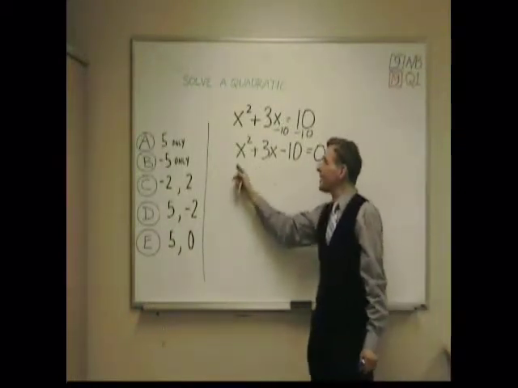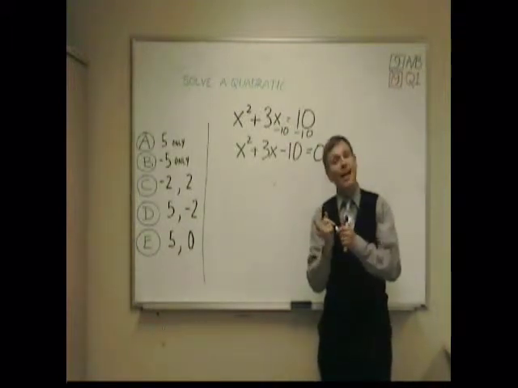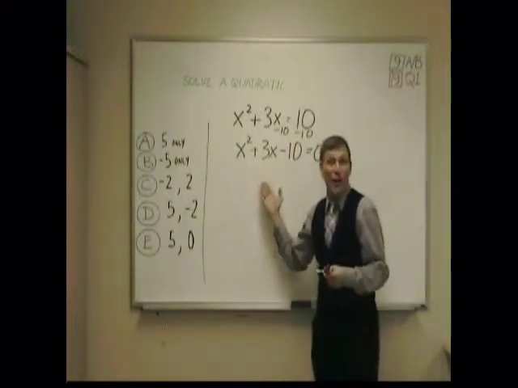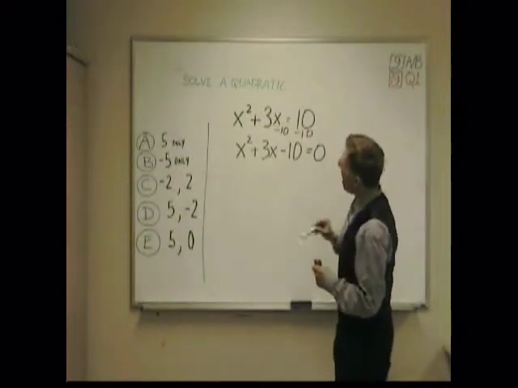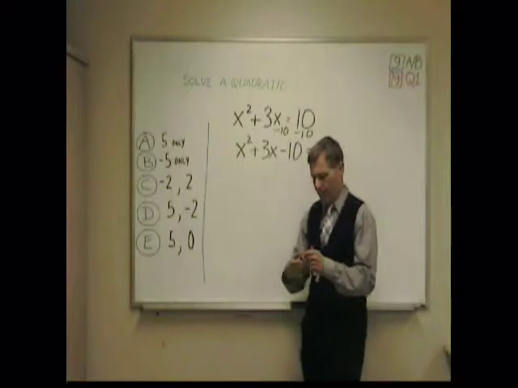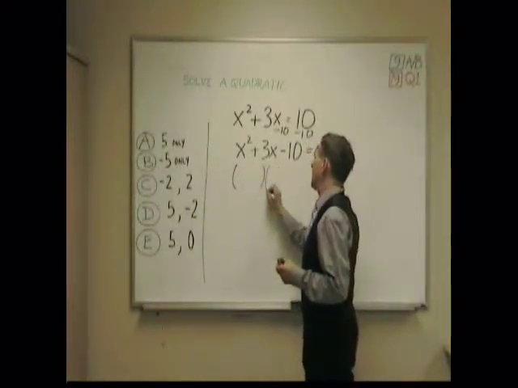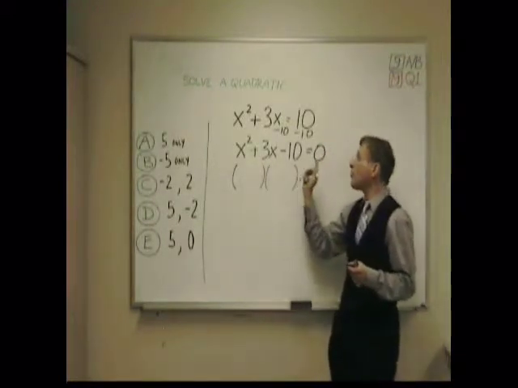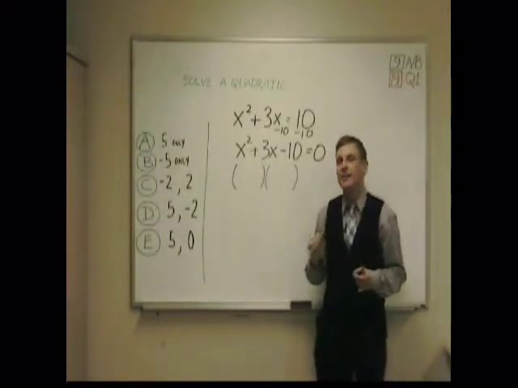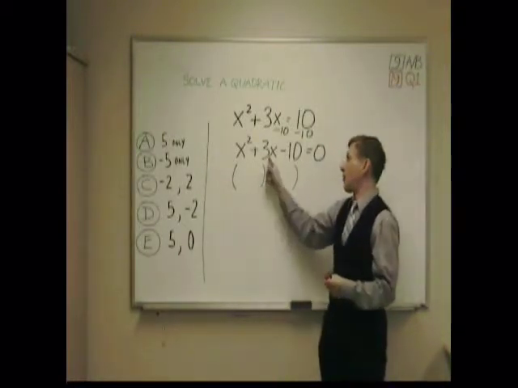If you remember, this looks like solving a quadratic by factoring. So let's take a look at that. How about if we think of two numbers, and we'll make our parentheses, two numbers that multiply to negative 10, that last number, and add up to 3.